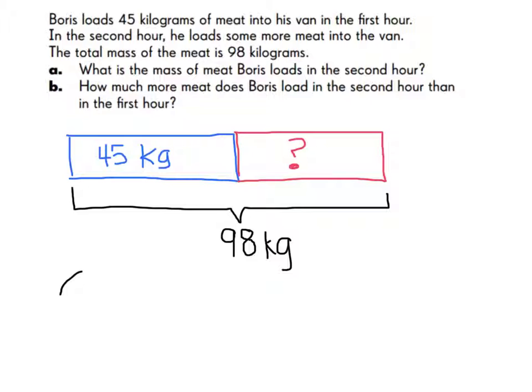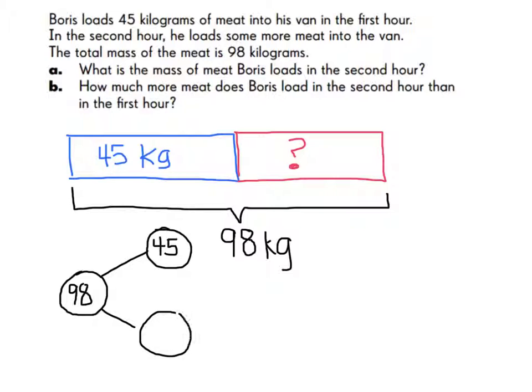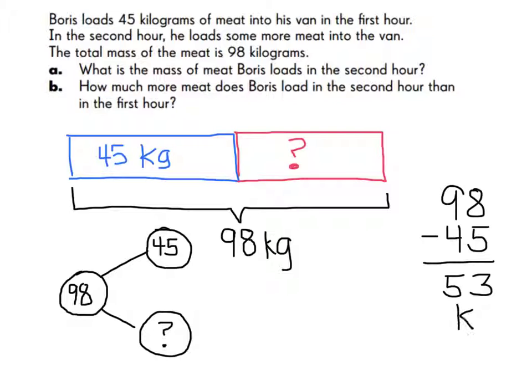We can also represent this with a number bond. We have 98 being 45 plus what value? To find that, we're going to perform the subtraction problem, 98 minus 45. We find the difference to be 53 kilograms that were packed in the van during the second hour.